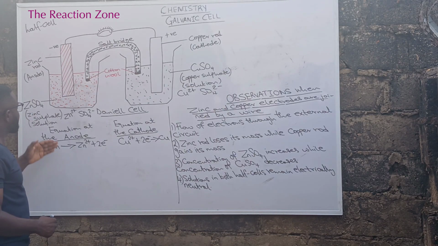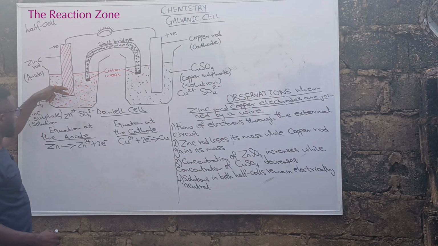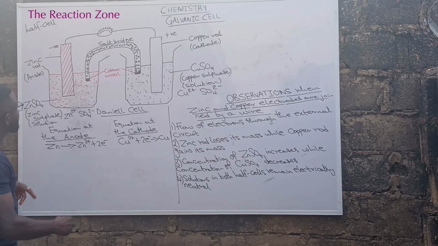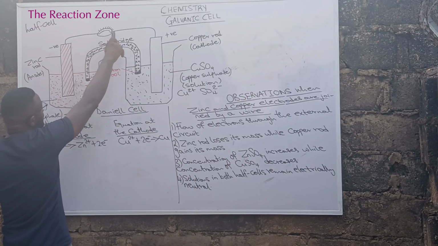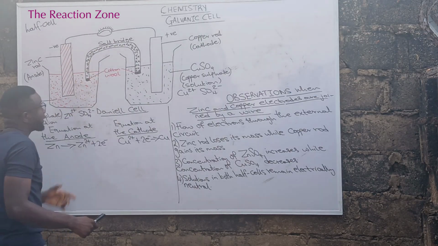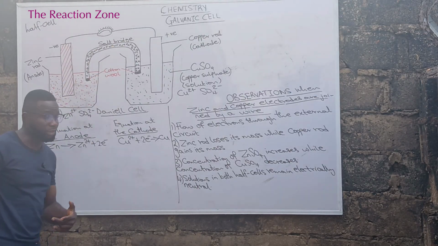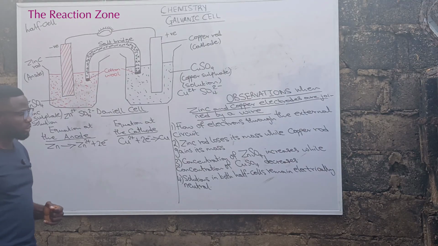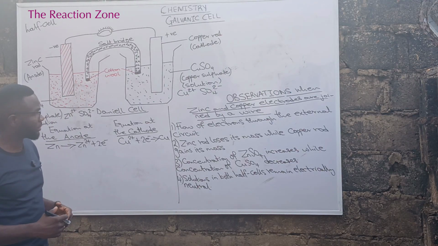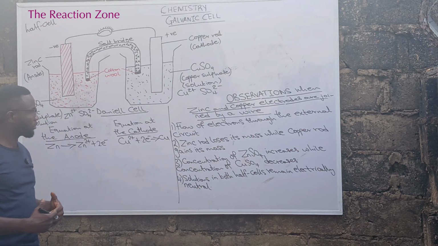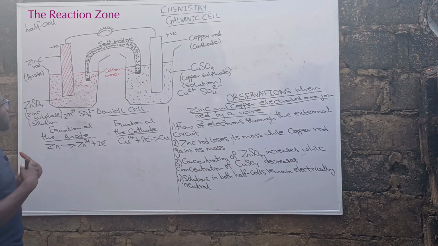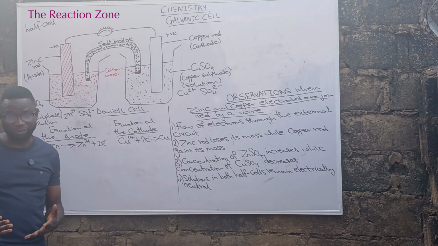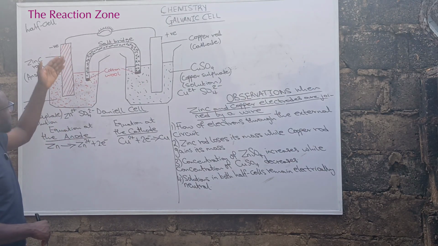Now, when zinc atoms lose electrons and go into the solution as zinc ions, the electrons move through the external circuit, through this connecting wire, and generate an electric current in the process. So we can see from this that indirect redox reactions has led to the production or the generation of electric current.